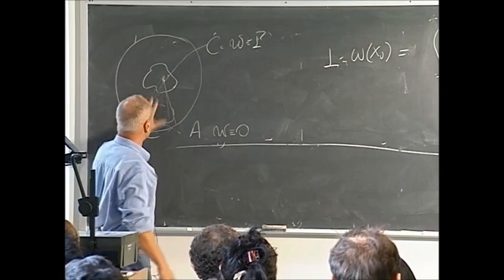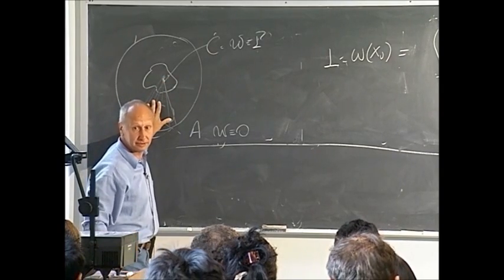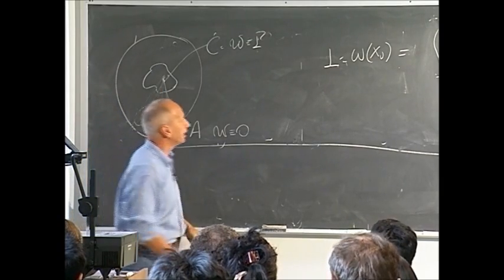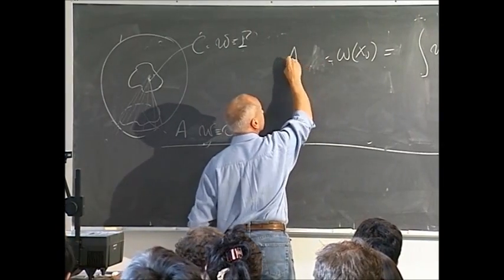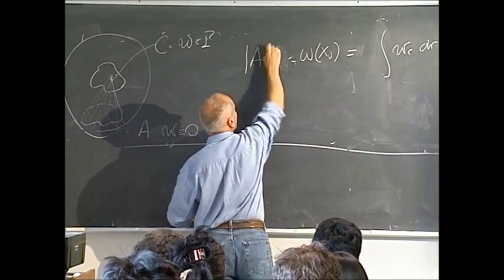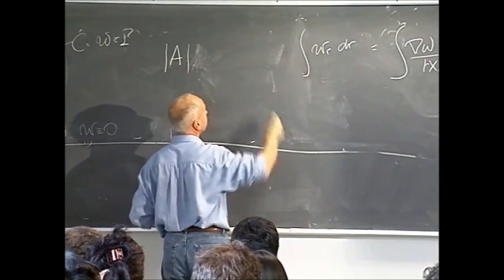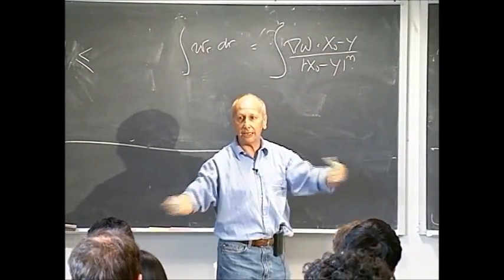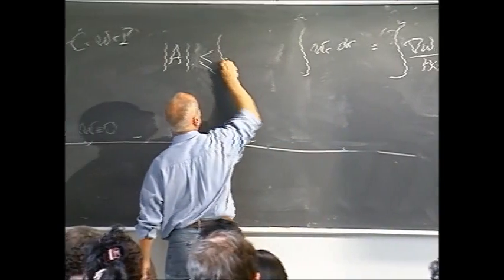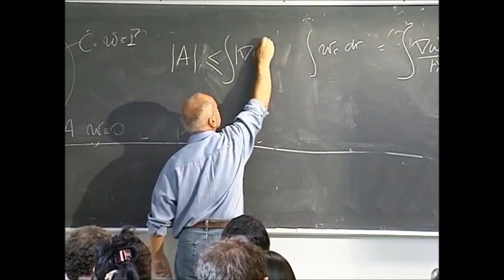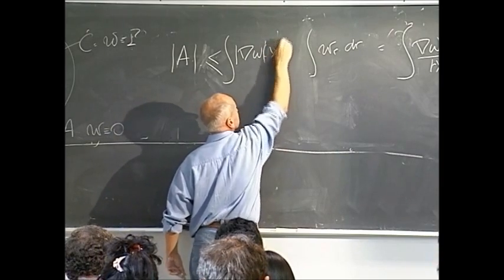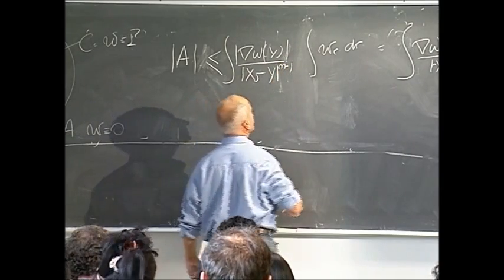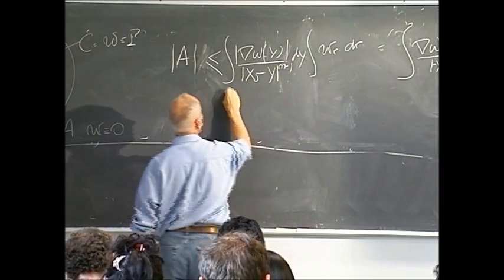And the measure on the sphere of this cone is at least the measure of A, because if A is contained in a cone which has measure less than A, the volume is less than A. So here I can put the measure of A is smaller or equal than, and here I put absolute value everywhere and integrate in D.